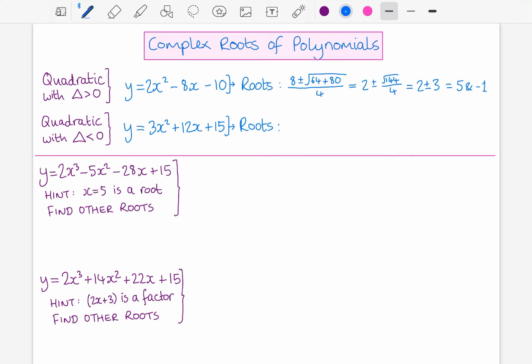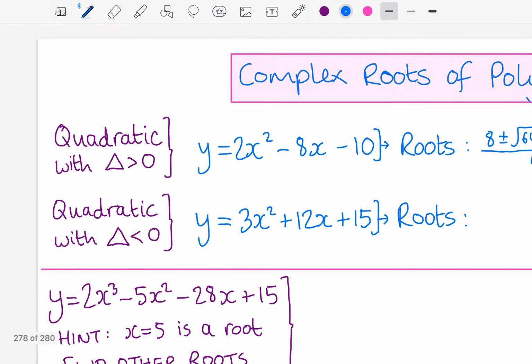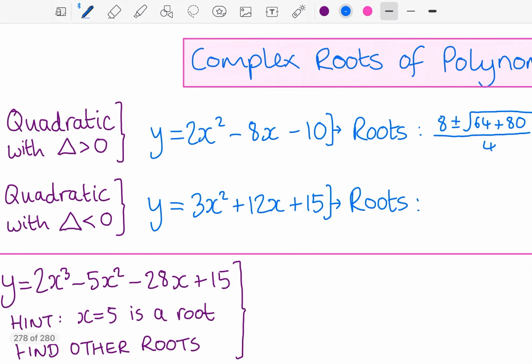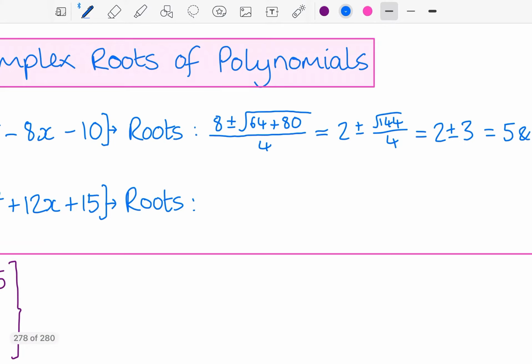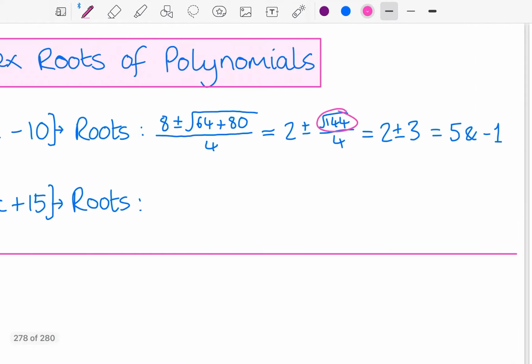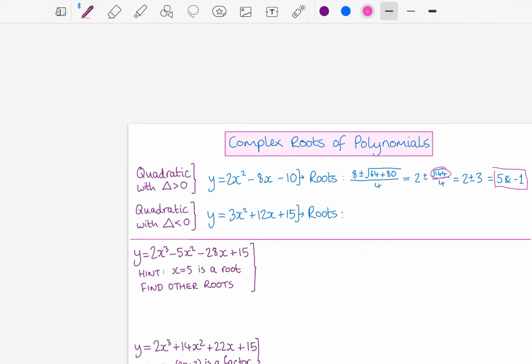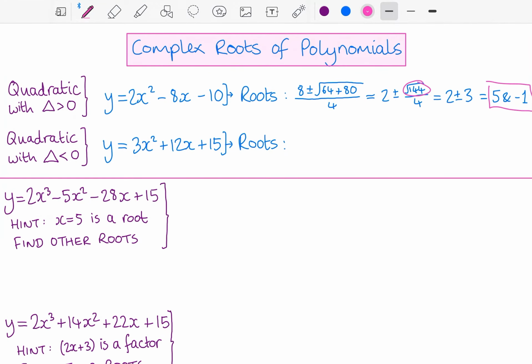So going back a little bit now, looking at quadratic roots, you'll remember from the quadratic formula and discriminants that when the discriminant is positive, you can use the quadratic formula and you'll find a positive inside the square root, so a positive discriminant, and you will get your two roots, or two x-intercepts.